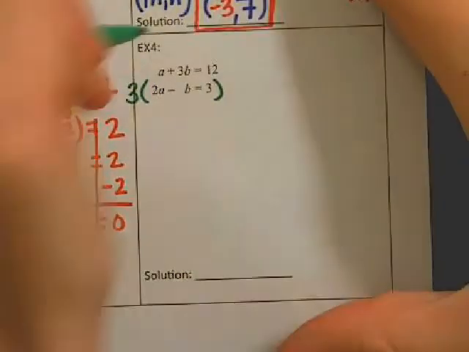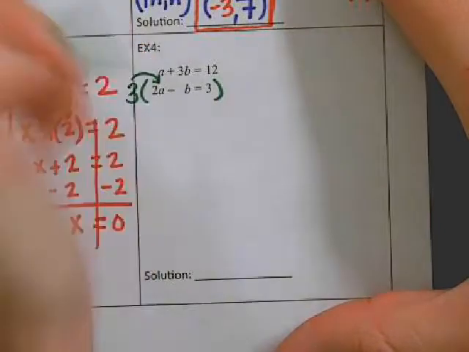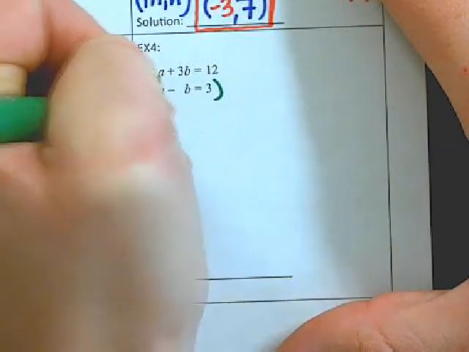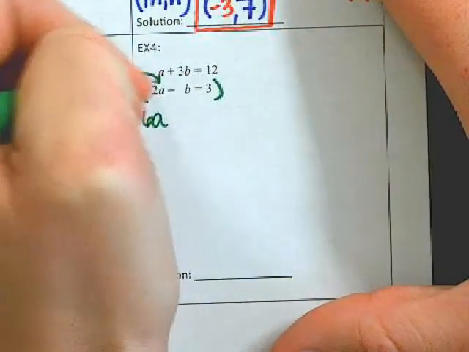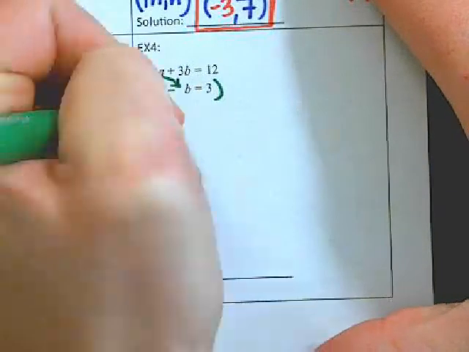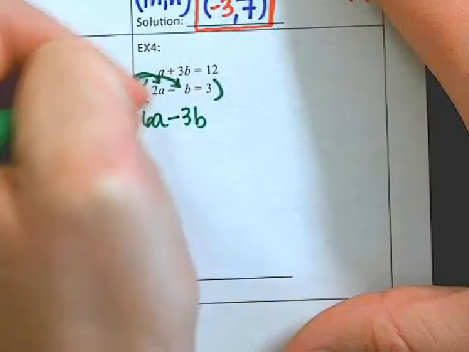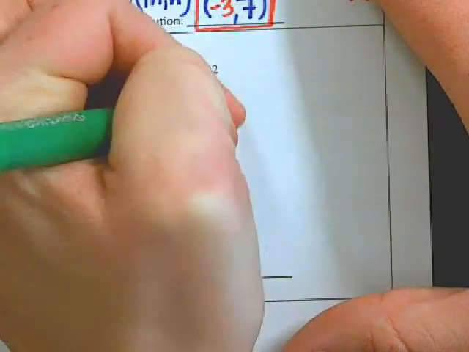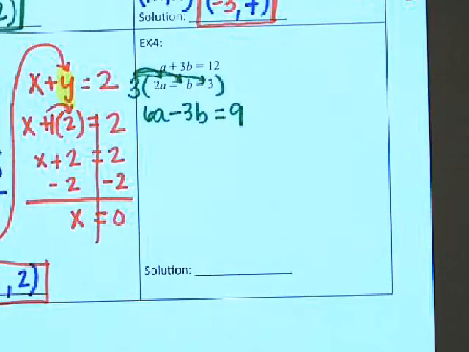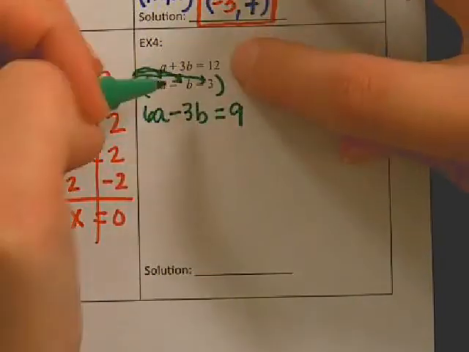So here we go. 3 times 2, 6a. 3 times negative b, negative 3b. 3 times 3, 9. Okay, I changed that one. I don't want to change the top one, okay?